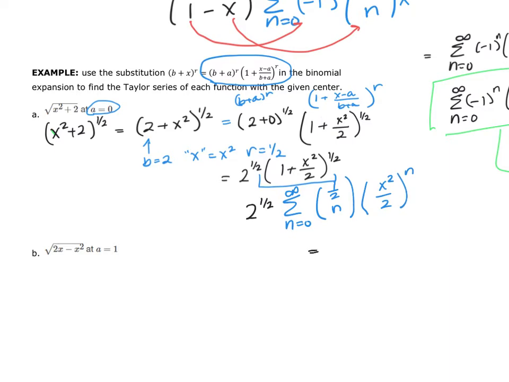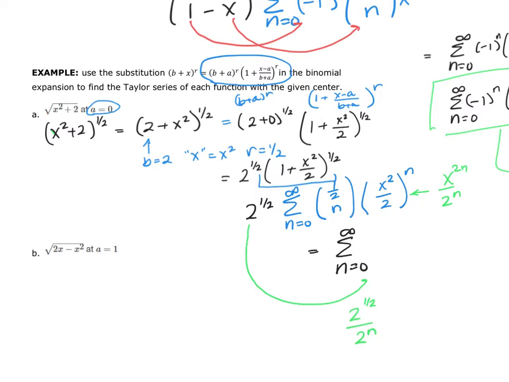So this is going to be equal to, now I'm just going to rearrange a few things and bring in some of the terms. So the summation of n equals 0 to infinity of, this ends up being x raised to the 2n over 2 to the n. And then when I bring in this number, 2 raised to the 1/2, this is 2 raised to the 1/2 divided by 2 raised to the n.